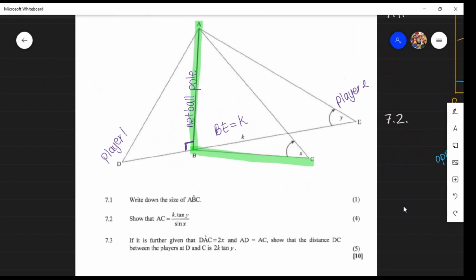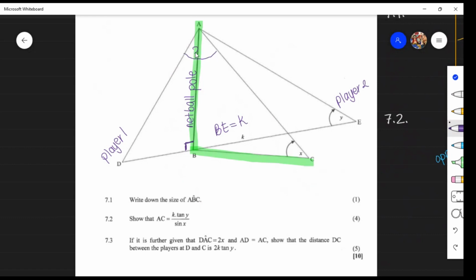Our next question is question 7.3. If it is further given that DAC is equal to 2x. So let us find DAC. So the angle DAC is this angle over here.